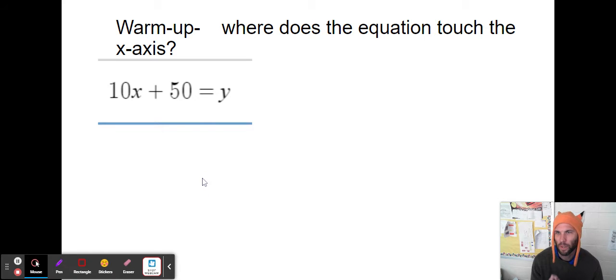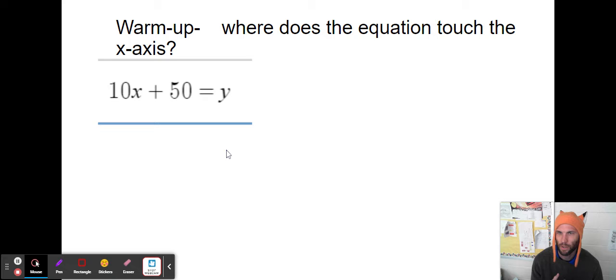Okay, why are we going to factor? So let's go into why we're going to factor. This is not a quadratic, but if I were to have you solve for this, I bet you could. And another way of saying solve for this is, where does the equation touch the x-axis?